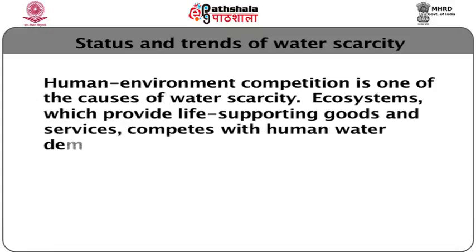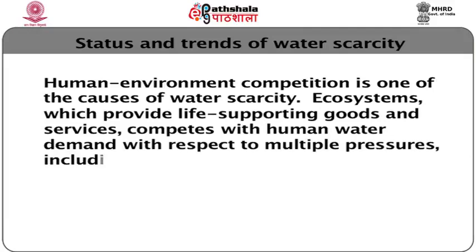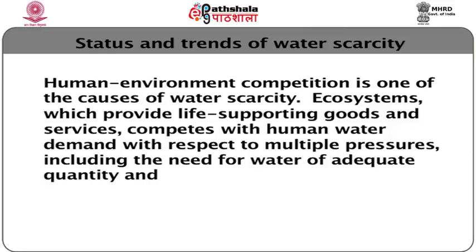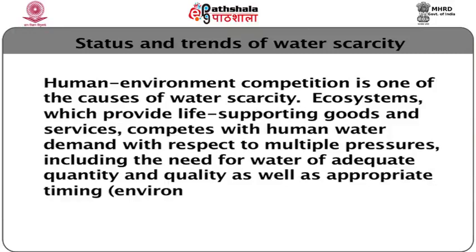Ecosystems, which provide life-supporting goods and services, compete with human water demand with respect to multiple pressures, including the need for water of adequate quantity and quality as well as appropriate timing, that is, the environmental flows.